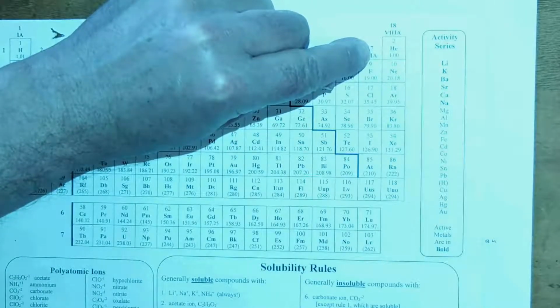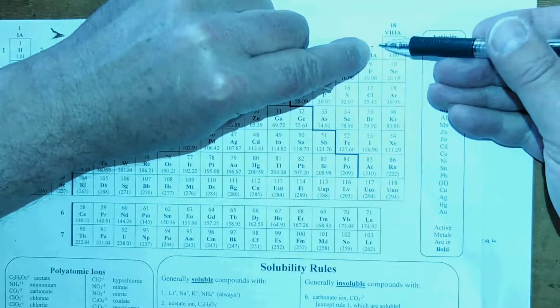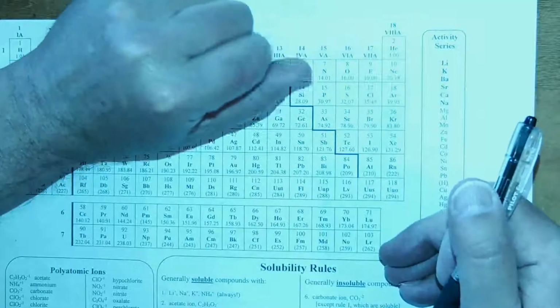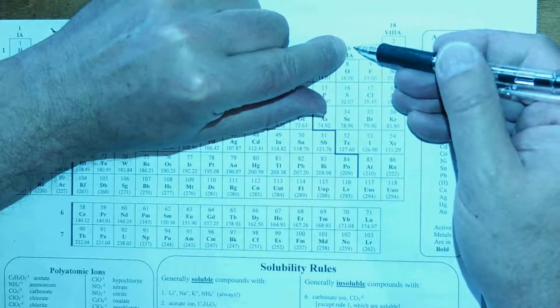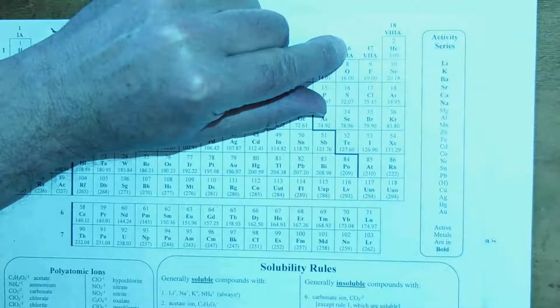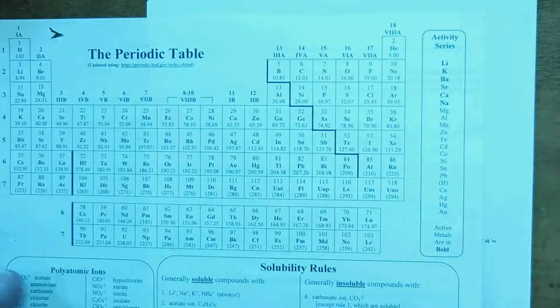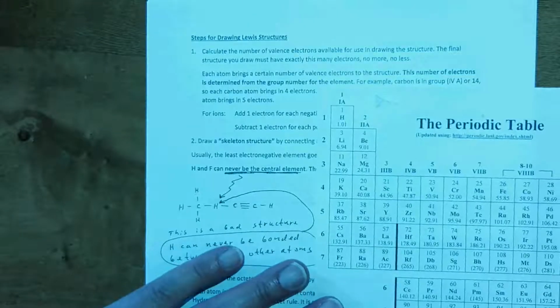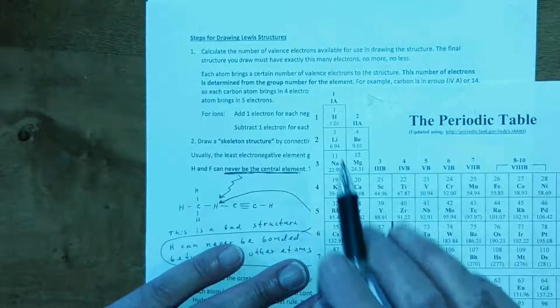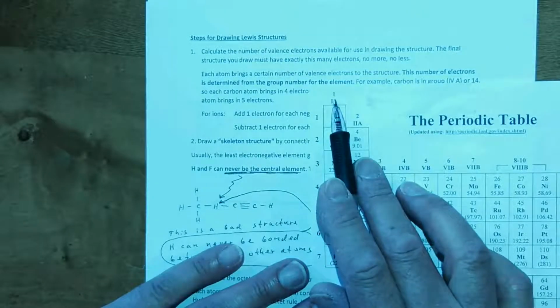Fluorine is worth 7 electrons. Oxygen is worth 6 electrons. So that's how you figure out how many valence electrons are associated with each atom in a structure. Hydrogen's worth memorizing because he's pretty common. Hydrogen is only worth 1 electron.